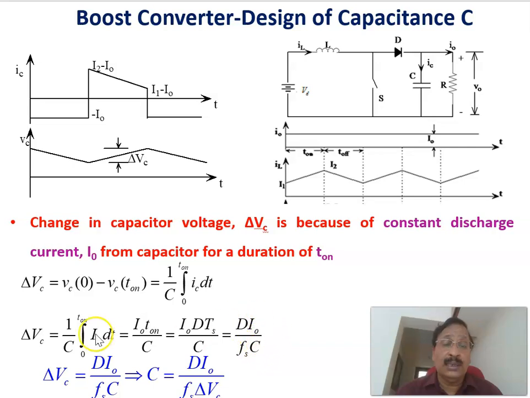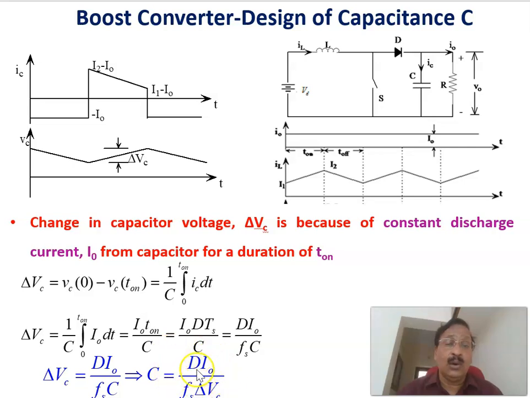Therefore, the change in capacitor voltage delta Vc is given by d I0 divided by Fs into C, where d is the duty cycle, I0 is the constant load current, Fs is the switching frequency, and C is the capacitance. Therefore, the capacitance value can be calculated. It is equal to d I0 divided by Fs into delta Vc.